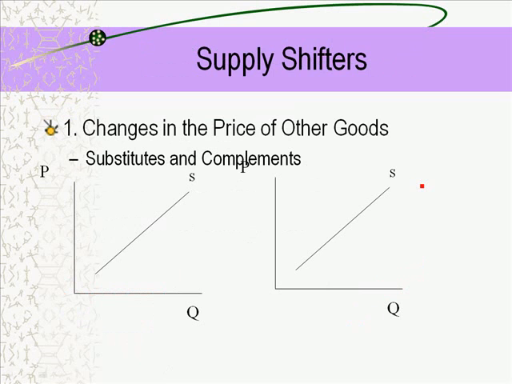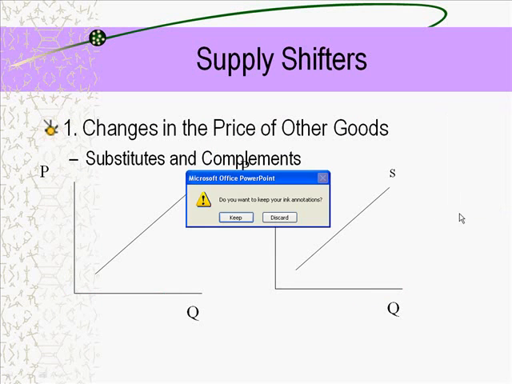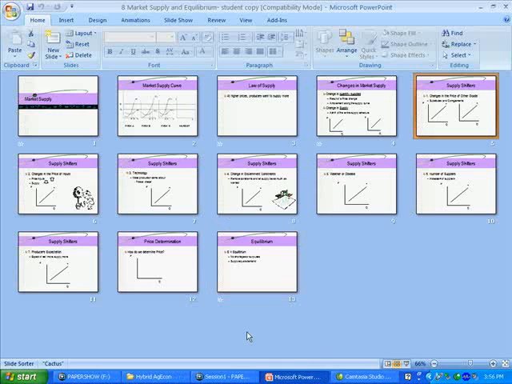There are a variety of factors that shift the supply curve, and the first one is the change in the price of other goods. So if we look at substitutes and complements, now this time you're going to have to think like a producer. So the whole goal here is to think like a producer.